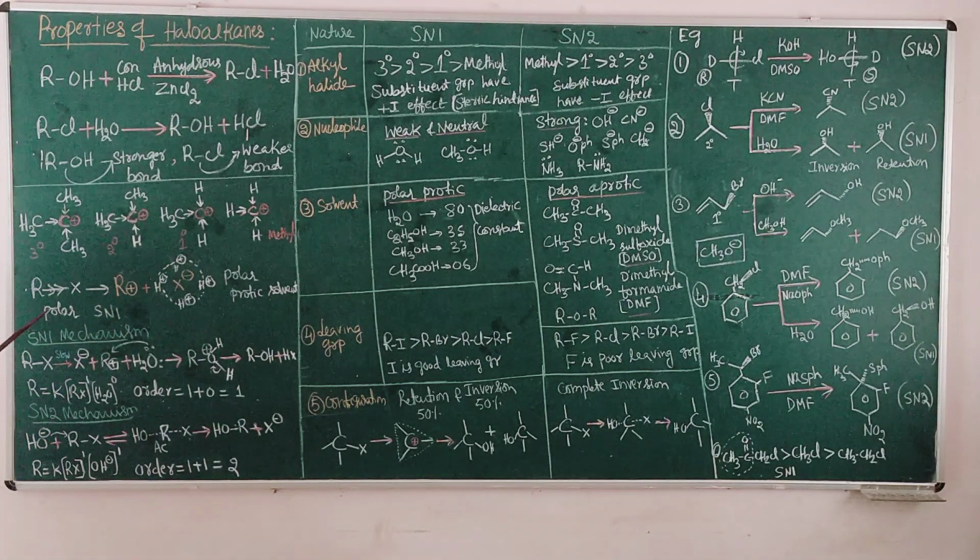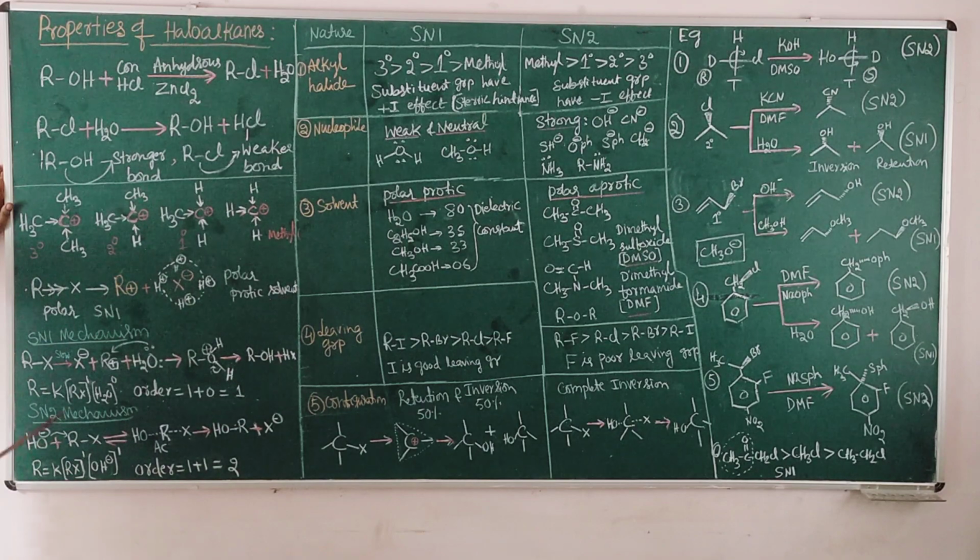the nucleophile. What kind of nucleophile? A nucleophile like this is a weak nucleophile. A nucleophile like this is a strong nucleophile. This mechanism requires a strong nucleophile, because the chemical bond breaks only when it is attacked.